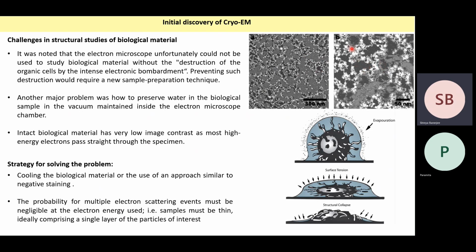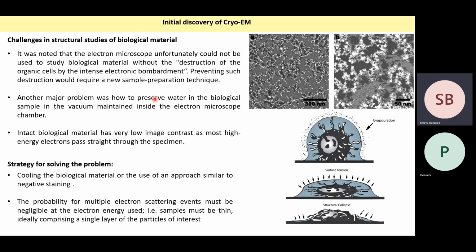As you can see on the right side, this image is when a high energy electron beam is used. All these cells are completely destroyed, and so it appears as a bloody gray region. So you need a high energy electron beam for good resolution. But if the energy of the electron beam is too high, then the sample itself gets destroyed. So something was needed which is more advanced than normal electron microscopy in order to study biological samples.